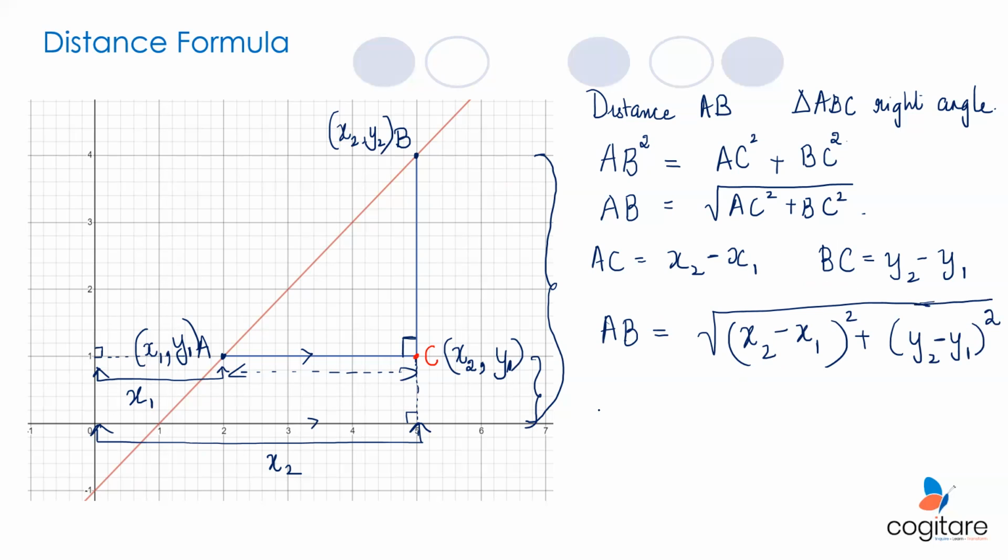So this is the distance formula if you know the coordinates of any 2 points. It's very, very easy. It's very intuitive. Do not put a plus or minus here, because we know that the distance is indeed positive.